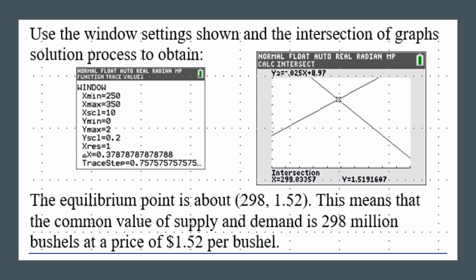So the point of equilibrium will be 298 and 1.52. So this means that the common value of supply and demand is 298 million at a price of 1.52 per bushel.